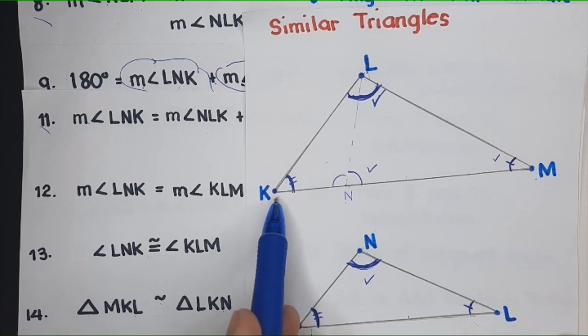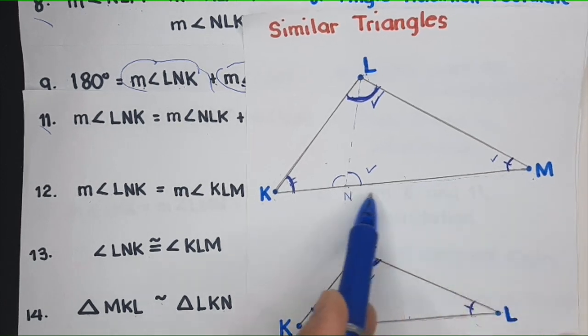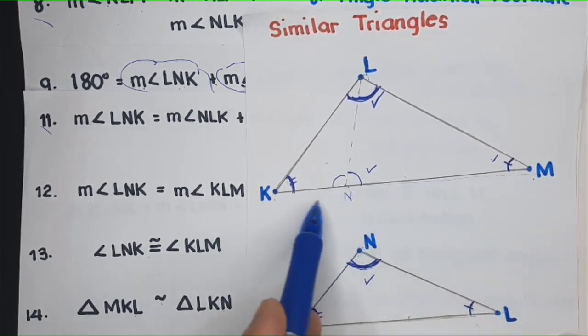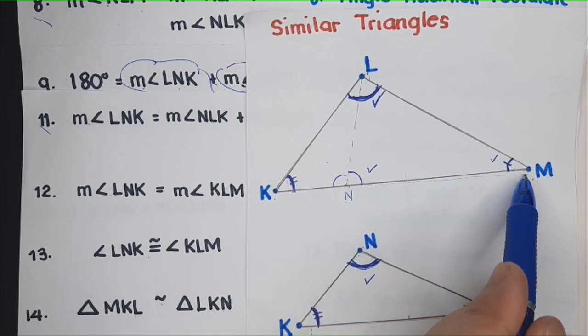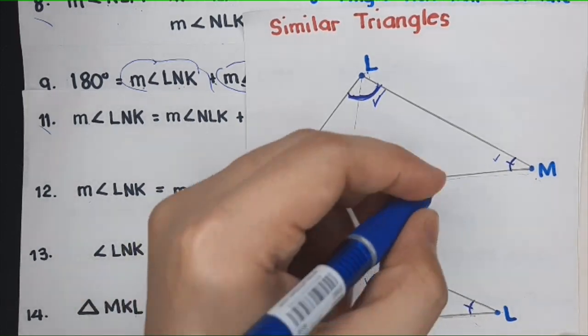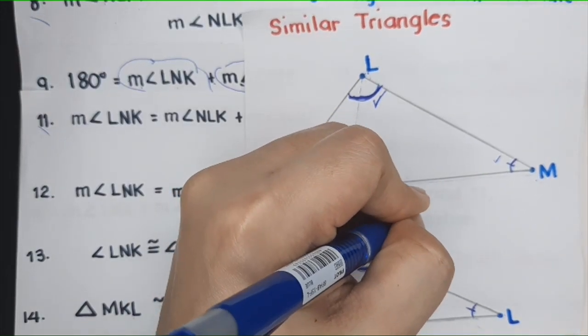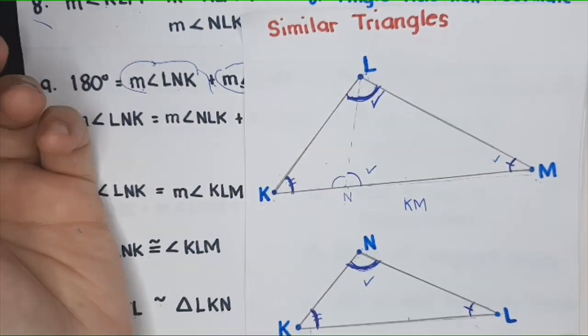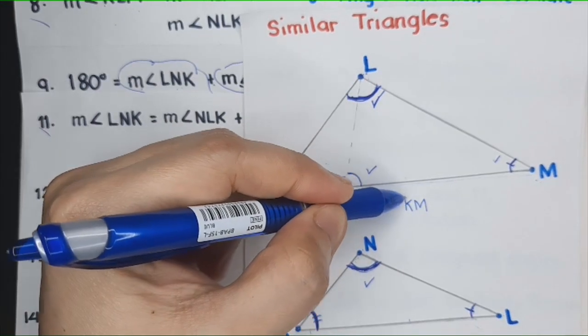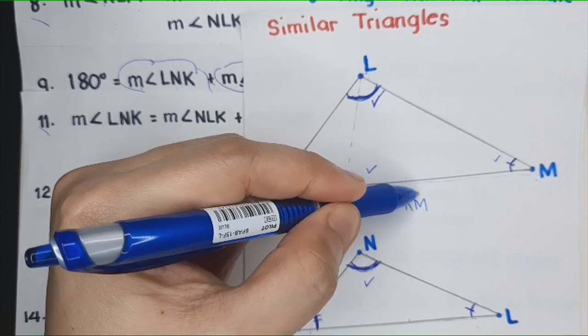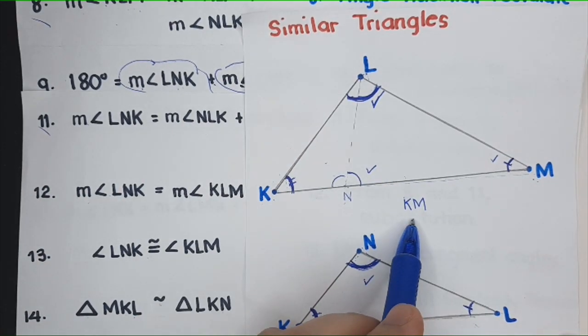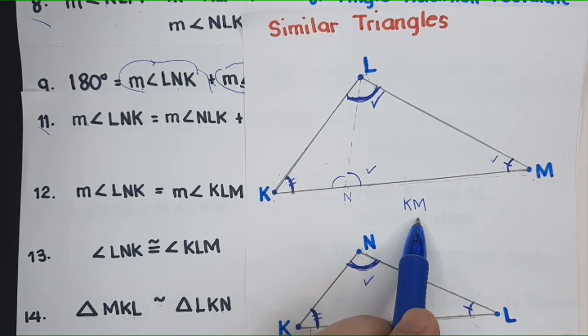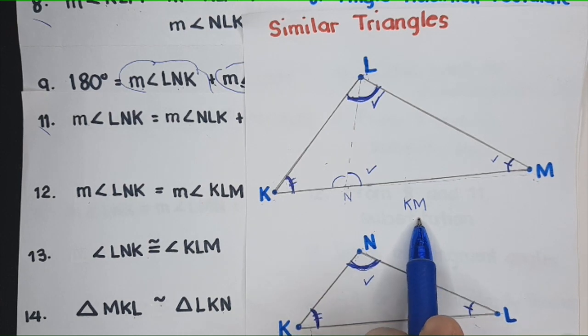So, let's say I will get this side. So, this is the line segment KM. To denote the length, this is simply like that. You remove the line segment symbol here. It is simply KM. So this signifies the length of the line segment KM.